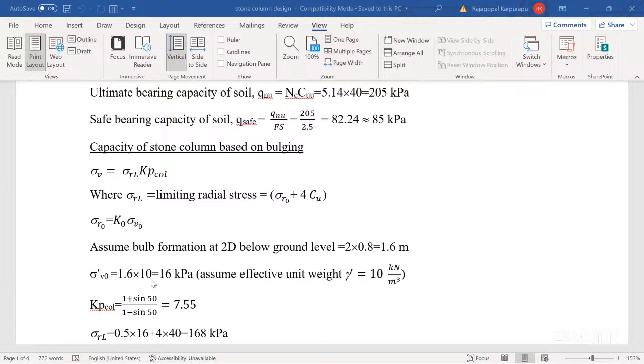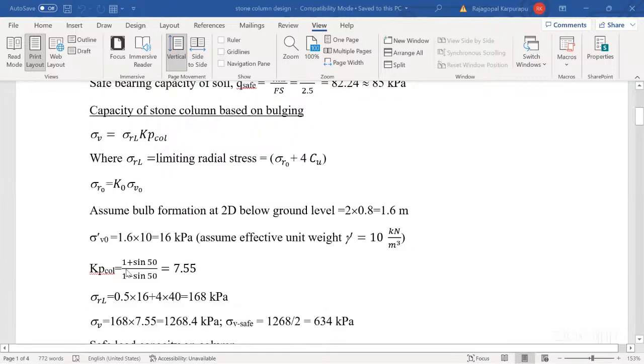Okay? So 16 kPa, and the Kp of the column is (1 plus sin phi) by (1 minus sin phi), that is 7.55. And our limiting radial pressure is 0.5 times K naught times sigma V prime, that is 16, plus 4 times Cu, that is 168.